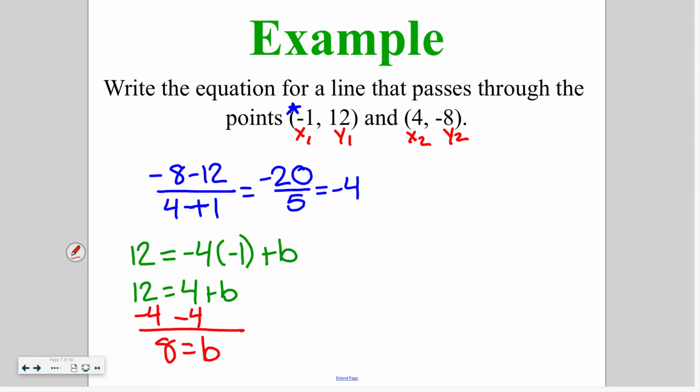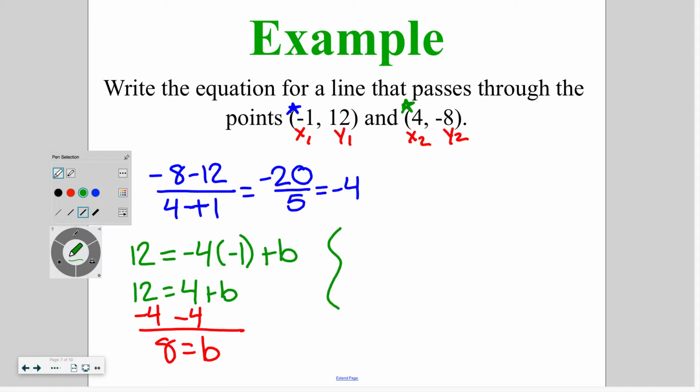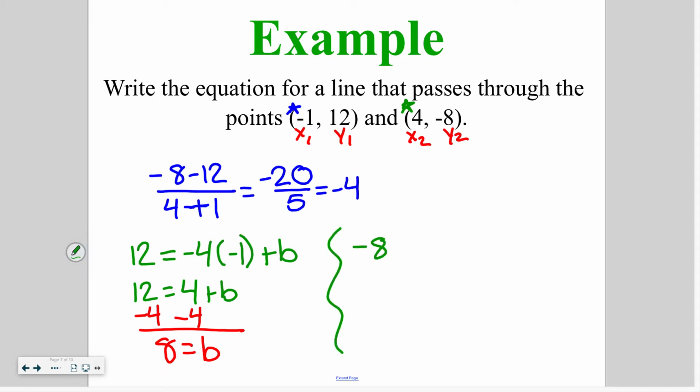You could have gone through and picked point number 2. If I would have done that, I would have gotten -8 is equal to -4 times 4 plus b. -8 is equal to -16 plus b.